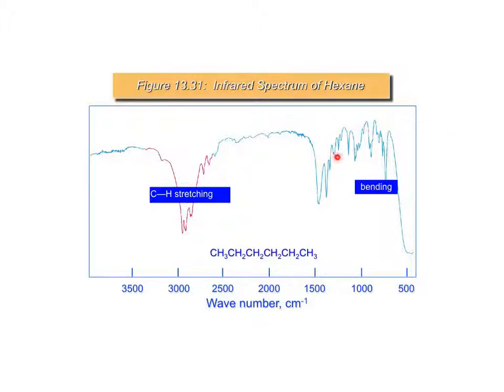This far right-hand region, at really low wave numbers, that's the fingerprint region. So you should be able to point out the fingerprint region. Right, that general area here would be the fingerprint region, and it's unique to every specific compound.